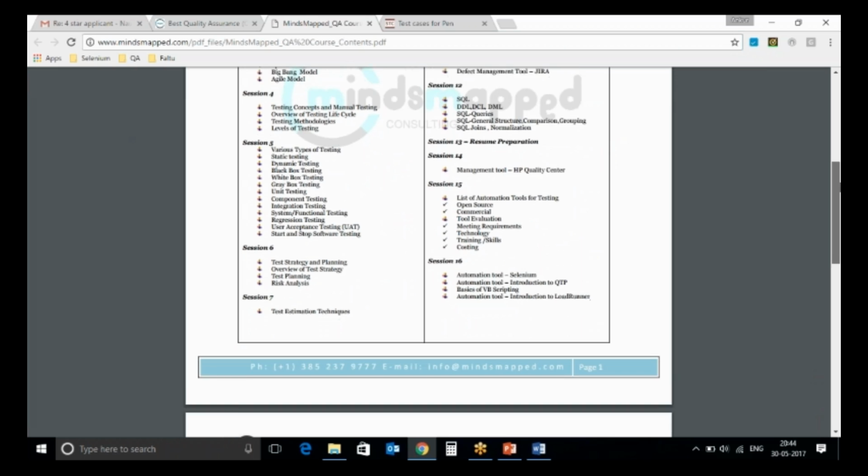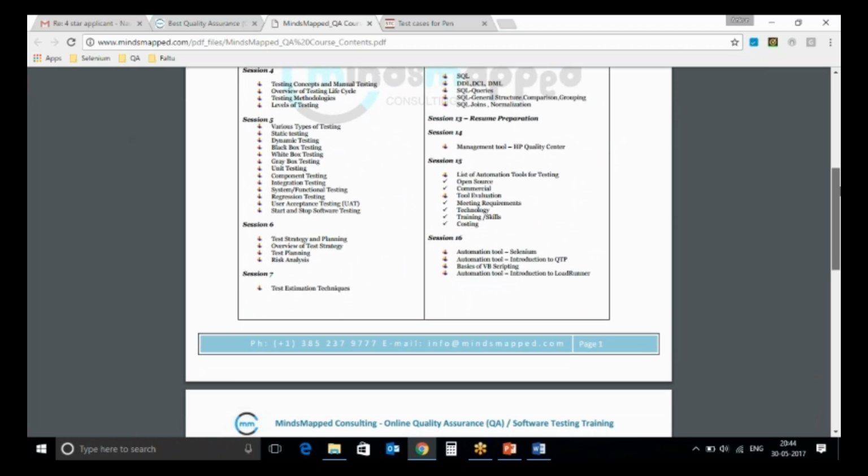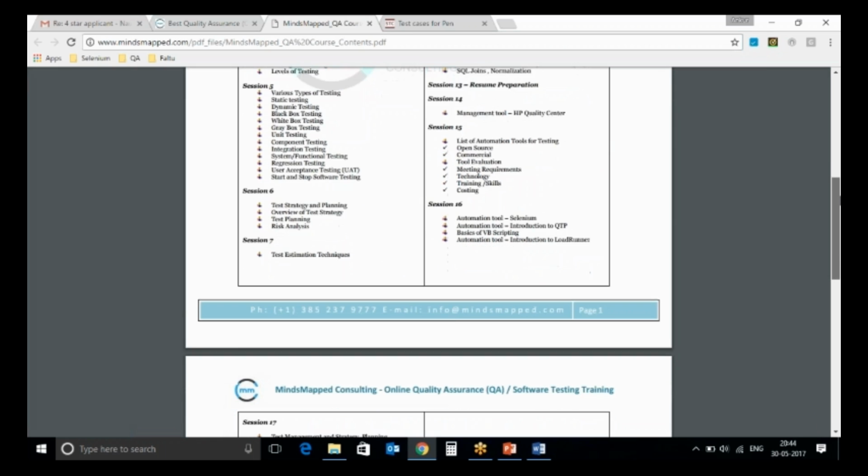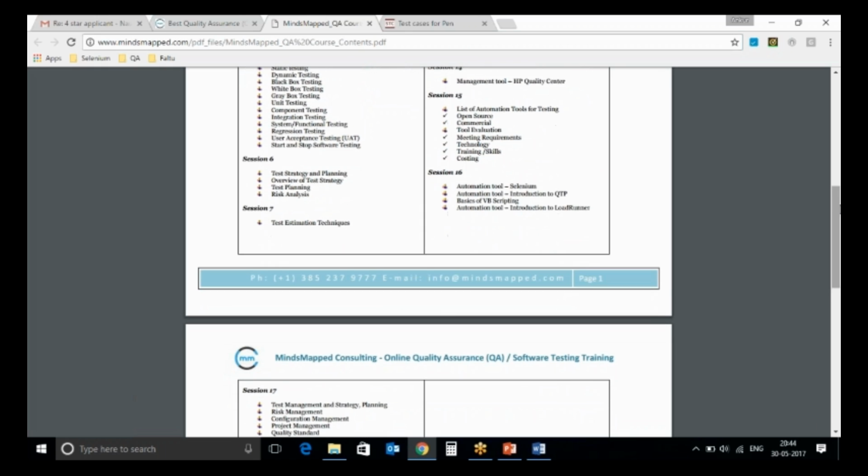No, we will be going through Selenium in detail, and we will give some introduction to QTP and LoadRunner. LoadRunner is for performance testing, and QTP is basically for desktop based applications testing of automation testing. Selenium is majorly for web based applications and mobile testing.